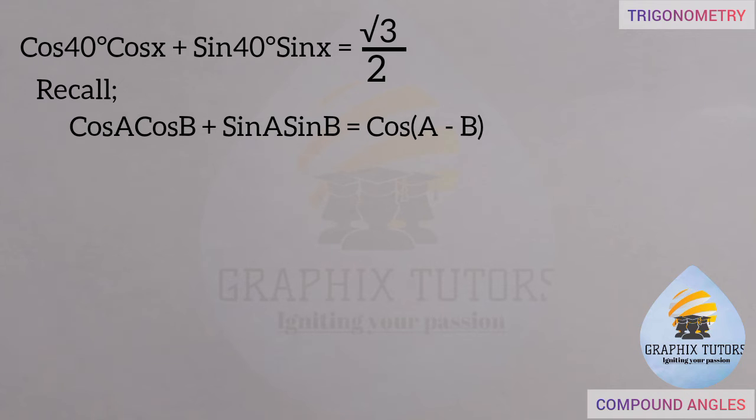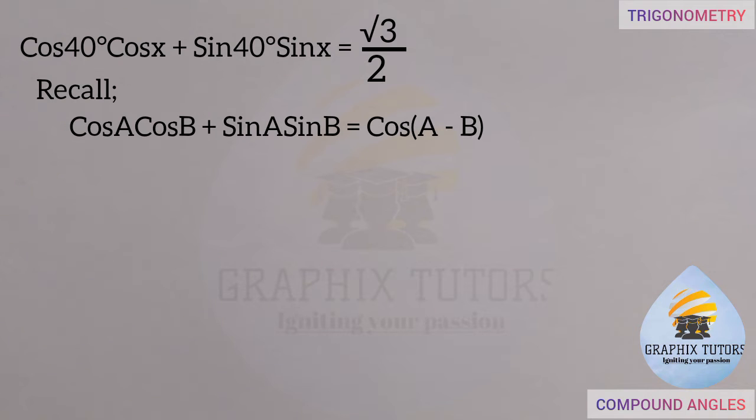So if I compare this with the equation I have here, let's say A is the 40° there and B is x here. So whenever I see my A, I put 40°. Whenever I see my B, I put x.